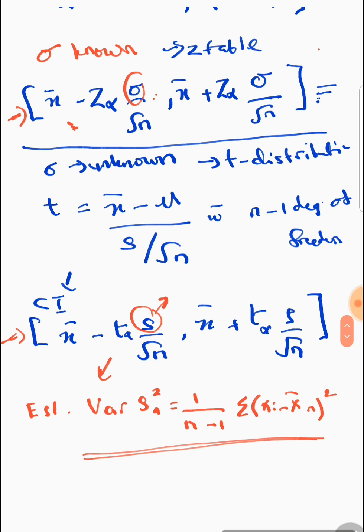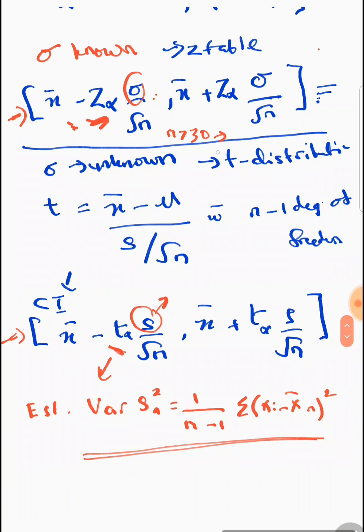You can see that these formulas are exactly the same, and the only difference is the z alpha and the t alpha. For the normal distribution, we go by the criterion of a large sample, where n is more than 30.